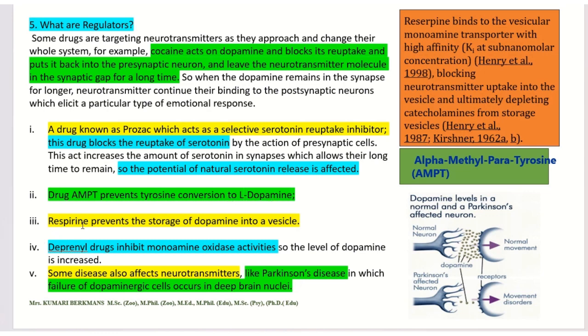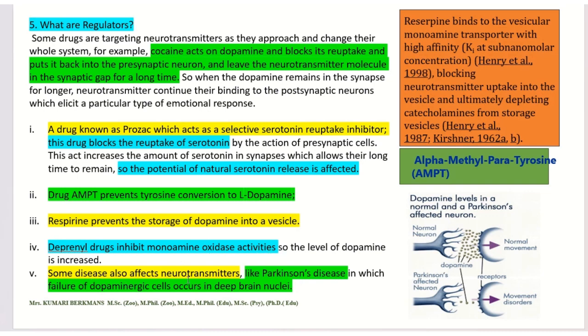And another one, Reserpine, prevents the storage of dopamine in vesicles. And the drug named deprenyl inhibits monoamine oxidase activity, so the level of dopamine is increased.